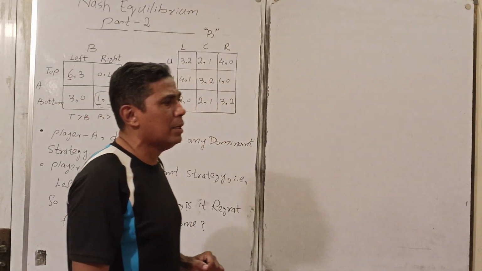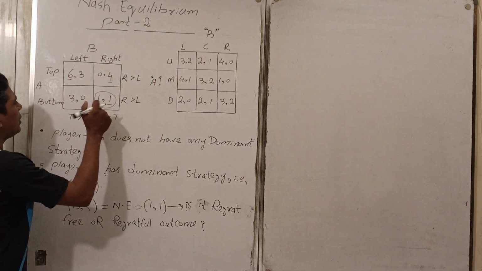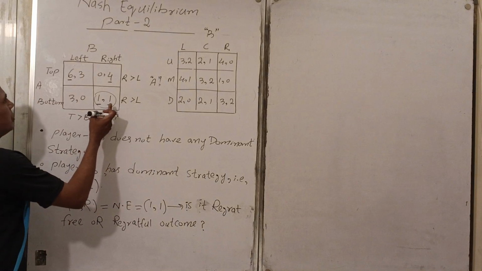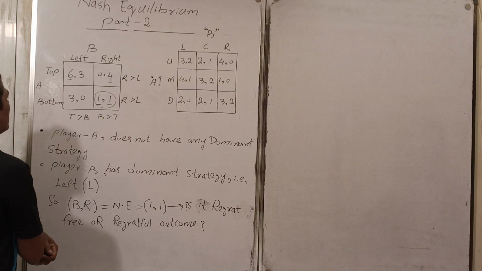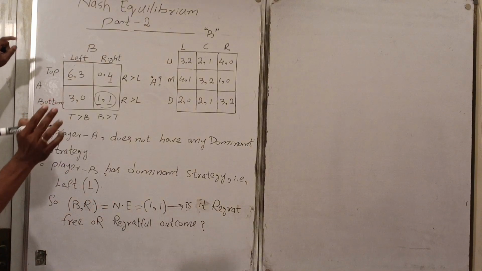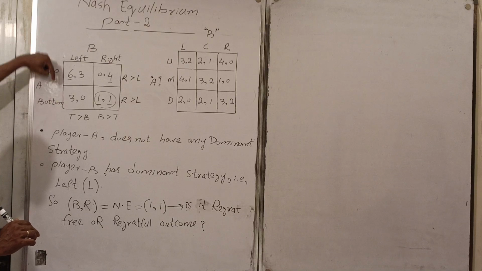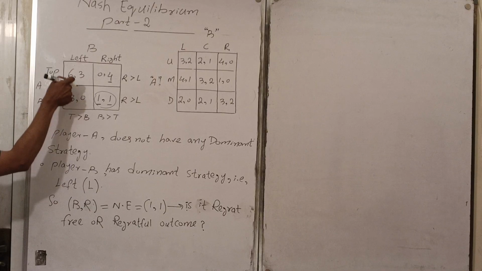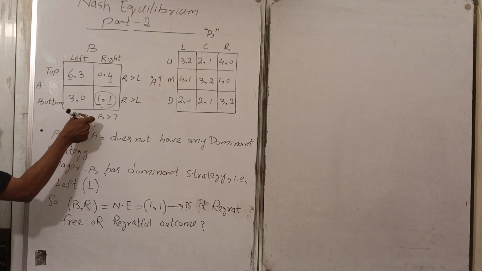Now one point you may have in your mind: when we compare the outcomes for A, we compare in this way, 6 or 3. Then we decide the top is better than bottom.